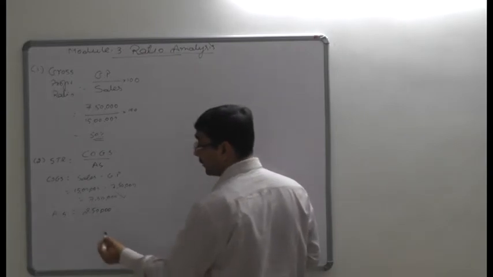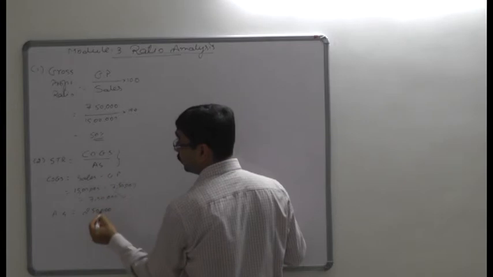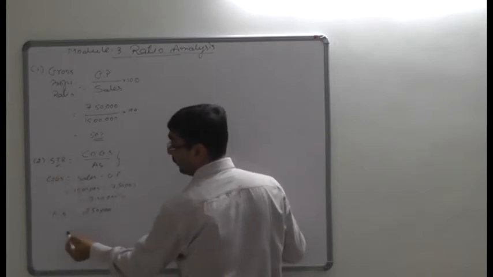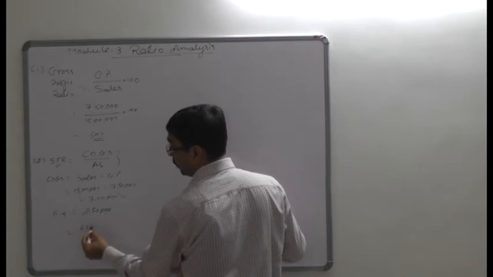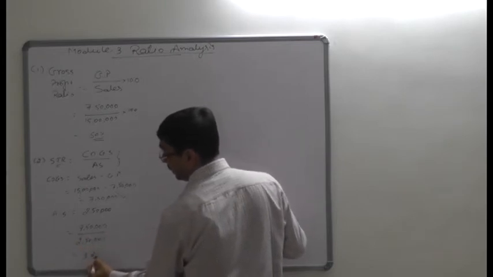So both the variables required to identify your stock turnover ratio are now in your hand. Cost of goods sold, 7,50,000, divided by average stock, 2,50,000, gives the answer: 3 times.